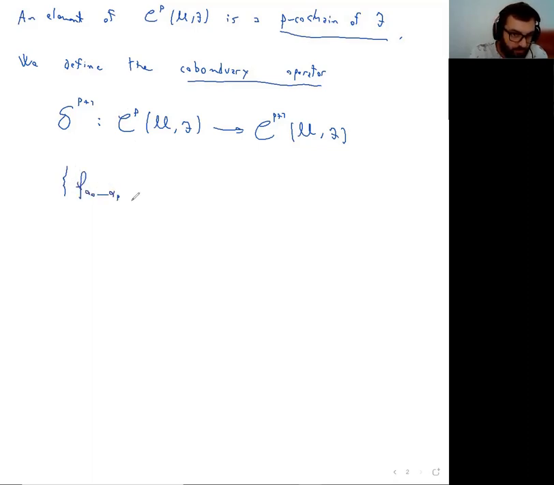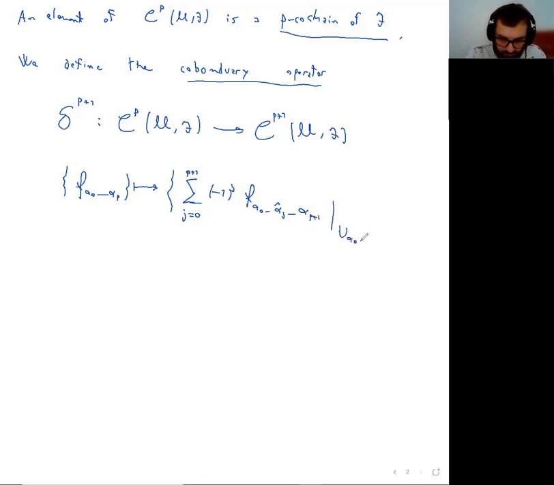It takes a P cochain and sends it to the P plus 1 cochain given by this alternating sum. J goes from 0 to P plus 1, of (-1)^J f alpha 0, then we skip alpha J, the usual hat notation that we use for projective space, up to alpha P plus 1, restricted to U alpha 0 intersected through U alpha P plus 1.